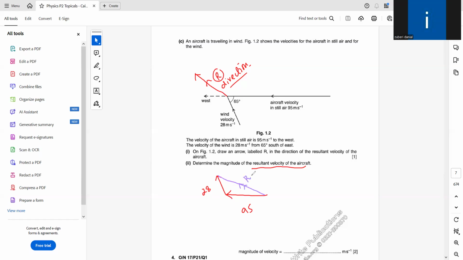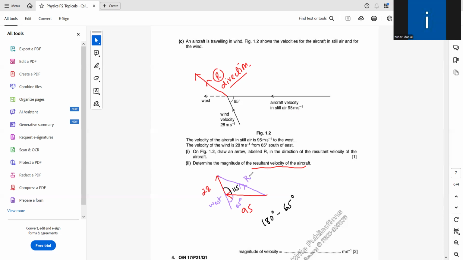That's R. The data which I have here is the angle between, that's west, right? And this angle here is 65. Is that correct? Yes. That means I can find this angle out. That should be 180 minus 65, right? So 180 minus 65 comes out to be 115.